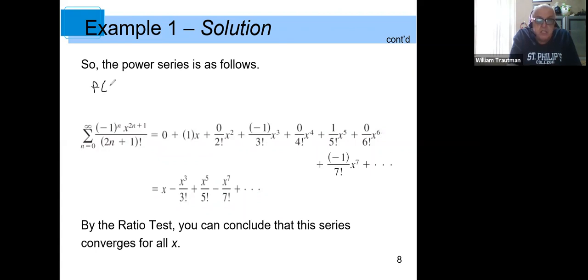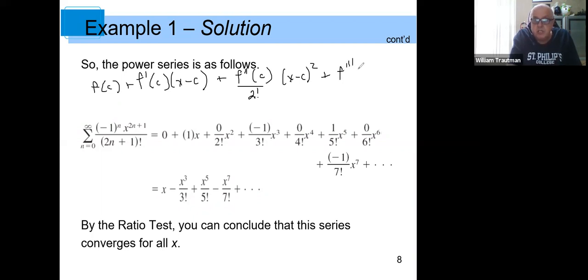It was f of c plus f prime of c times x minus c, then f double prime of c over 2 factorial times x minus c squared, then you do the third derivative, plug c in there, over 3 factorial times x minus c to the third, and so on.